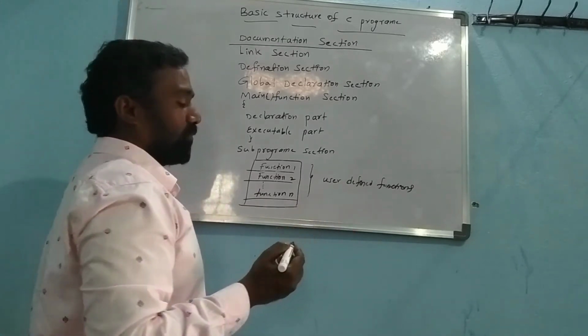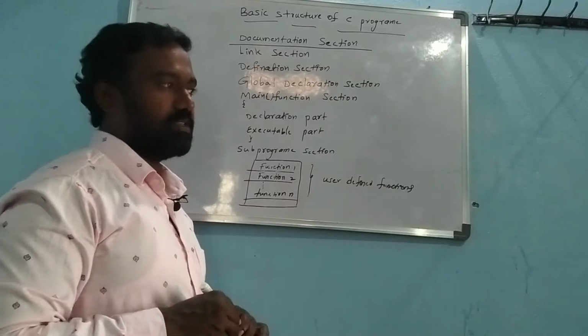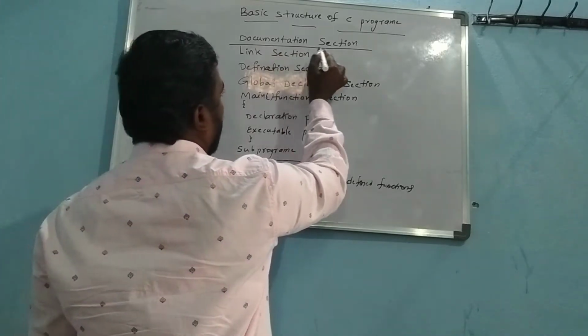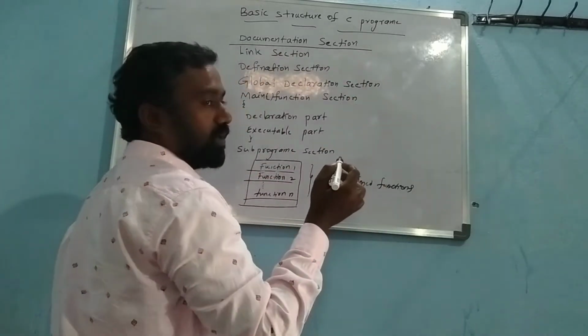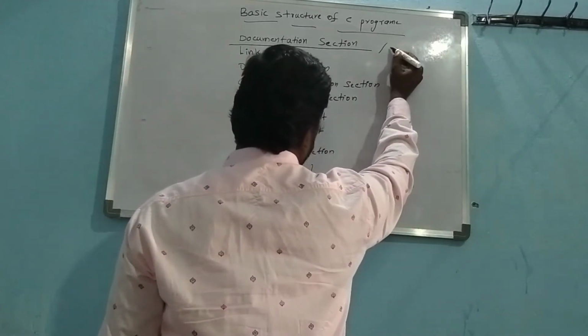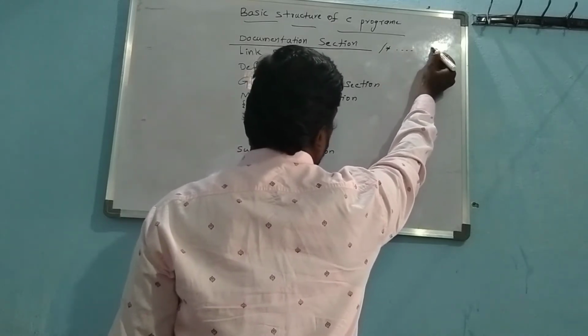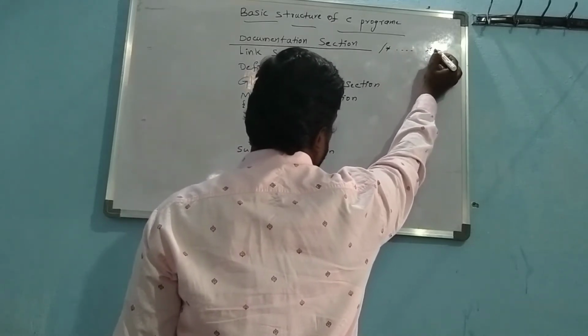So how can we write the comment lines? What is a comment line? We have to discuss now. The documentation section is mainly used to write the comment lines. The comment lines are like this: slash, asterisk, any text, and asterisk, slash.